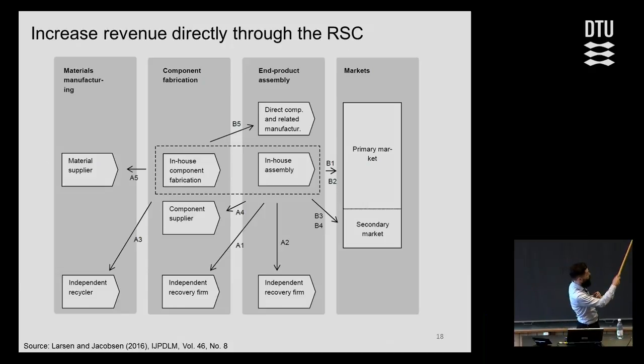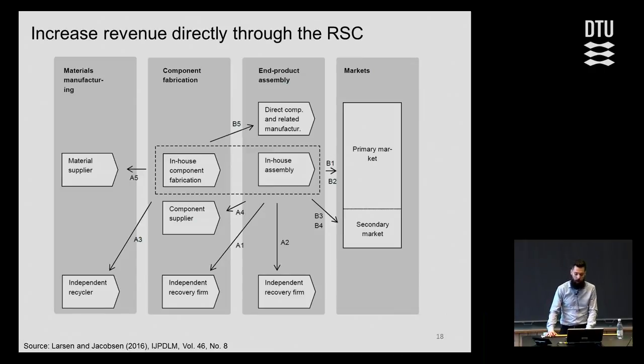B5 on top over there has to do with recovering components and then reselling these components either to direct competitors who are able to use these components or to related manufacturers, which are here defined as manufacturers that produce products where this particular component is also used. But this could be a completely different product that they are making.